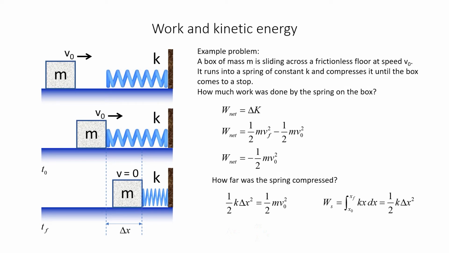We find the work done by the spring using the integral of kx dx because the force of a spring is kx, which gives us 1/2 k delta x squared. We solve this expression for delta x to find the distance that the spring has been compressed. Delta x equals root m over k times v0.